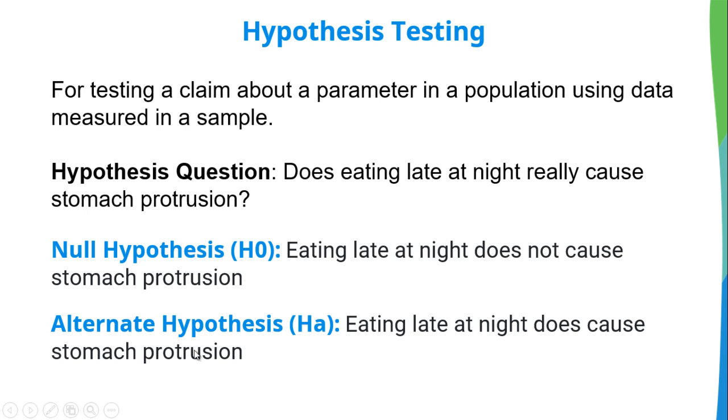The alternative says eating late at night does cause it. So we have two hypotheses now. Our major focus is that eating late at night does cause stomach protrusion, but we have to first nullify it by using the null hypothesis.